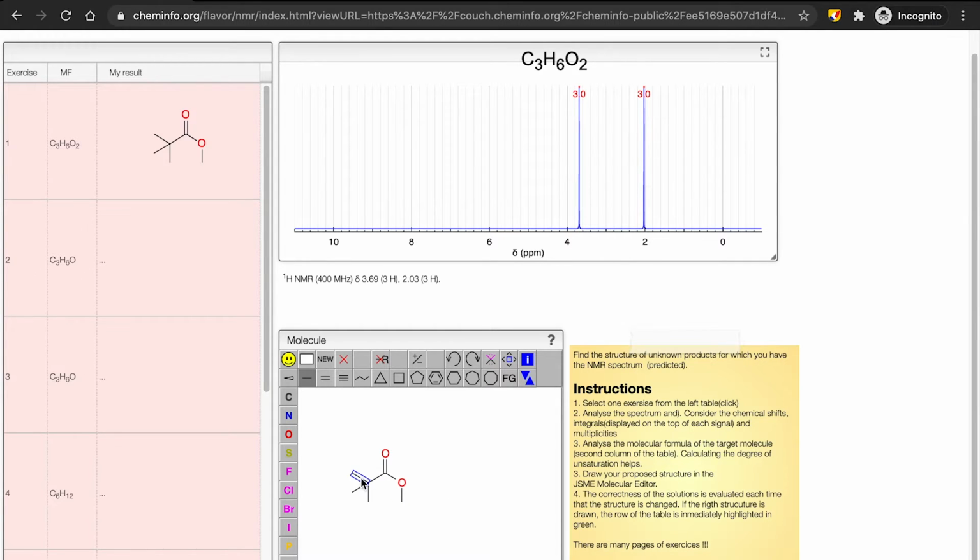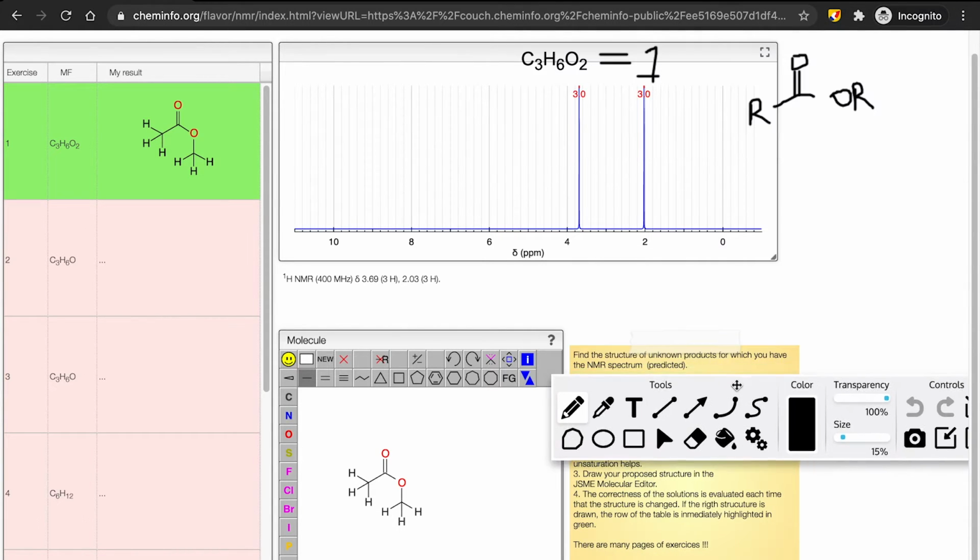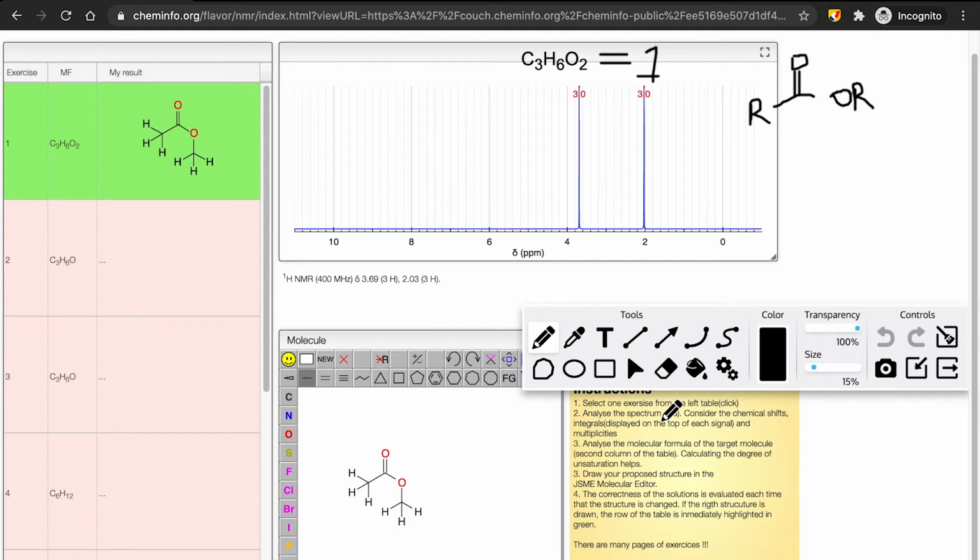So I'm going to add hydrogen here, just so we can see them. Okay. So in this case here, we want to make sure that each signal in the spectra we can assign to a certain type of hydrogen in our molecule.